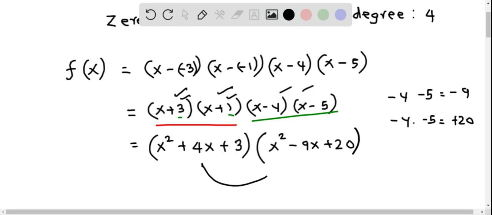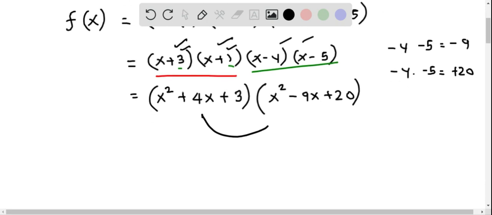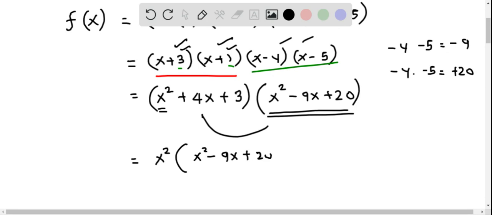Now we have to multiply these two factors. These are quadratic polynomials. So let's do that. We will multiply term by term. So first I'm going to consider x squared and multiply with all the terms in the second brackets. So therefore this becomes x squared times x squared minus 9x plus 20.